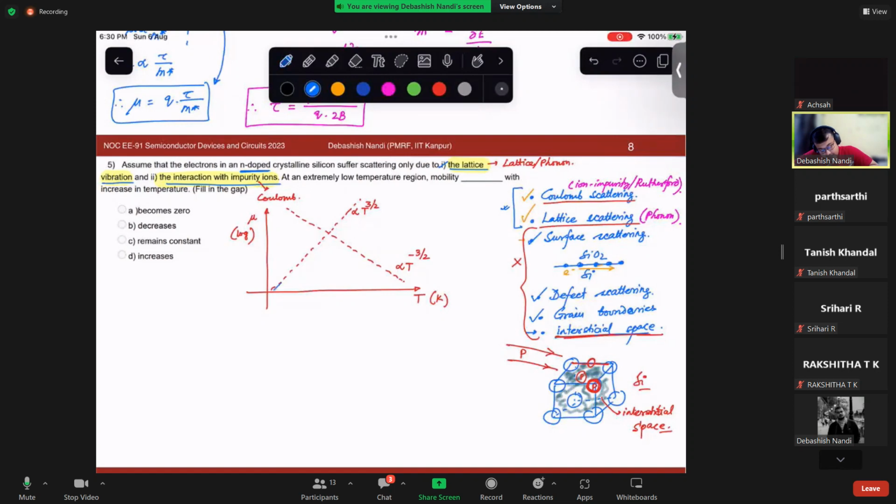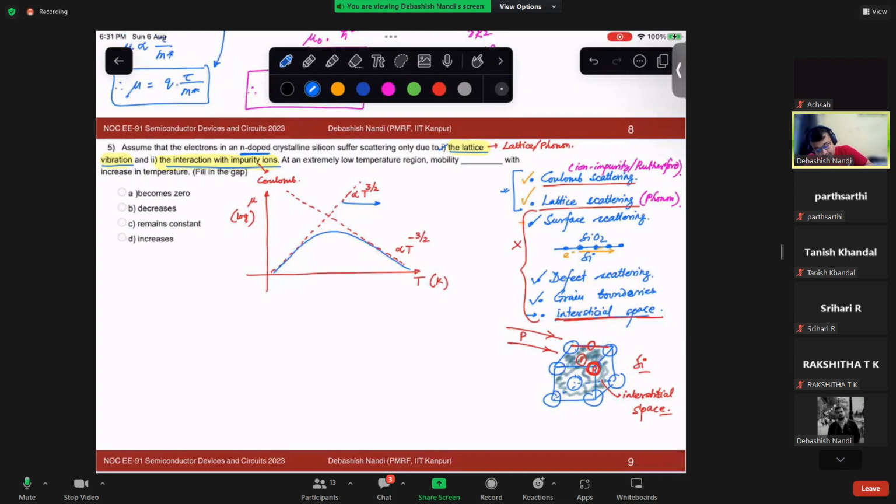And your effective mobility will be like this. Okay, let's find out which one is what. This is one type of scattering, and this is the second type. We want to find out which one is Coulomb scattering and which one is phonon scattering.